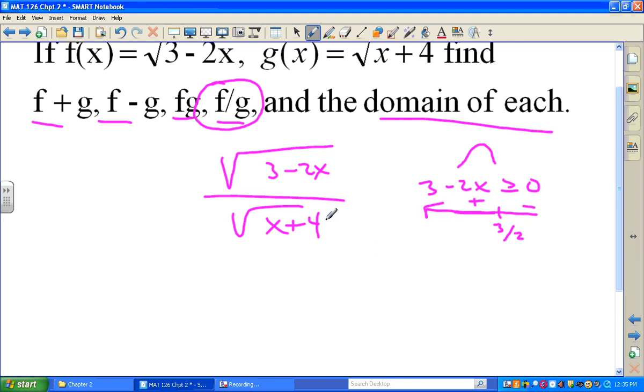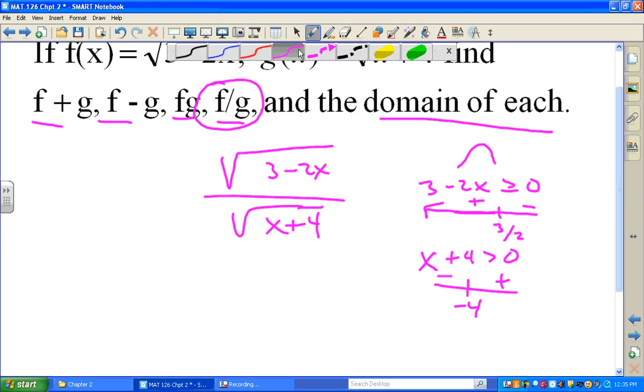And for the denominator, how'd you do that one? Yeah, same thing, except it can't equal 0. So what makes it equal 0? -4. This is the positive, this is the negative region. So that turns out to be an open circle with a line going this way.